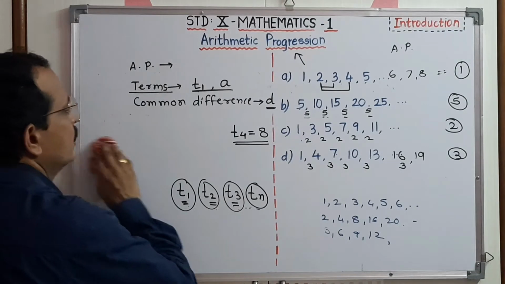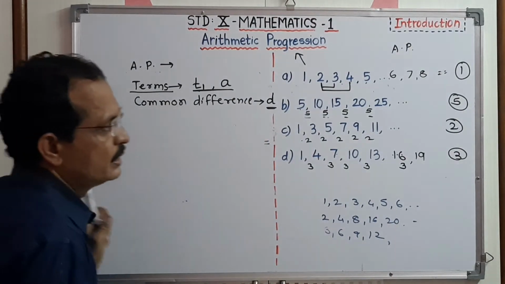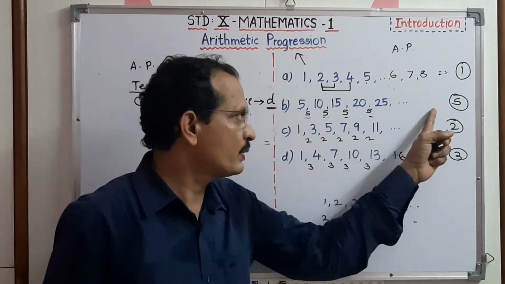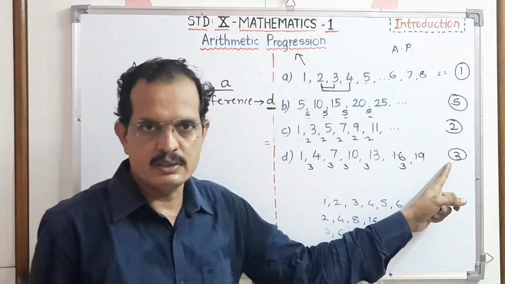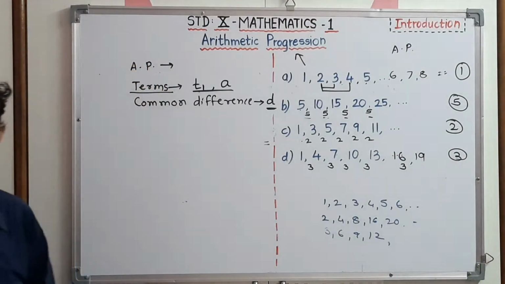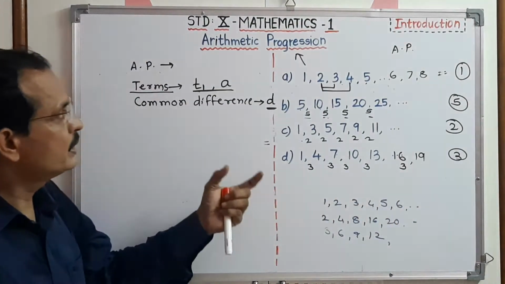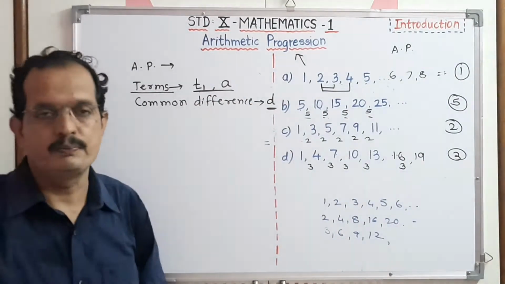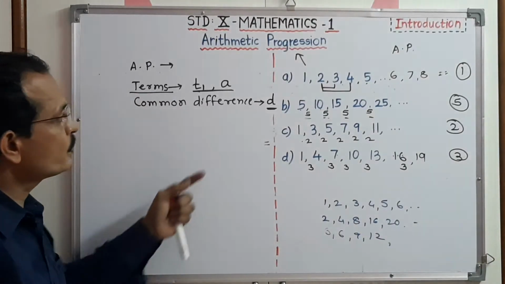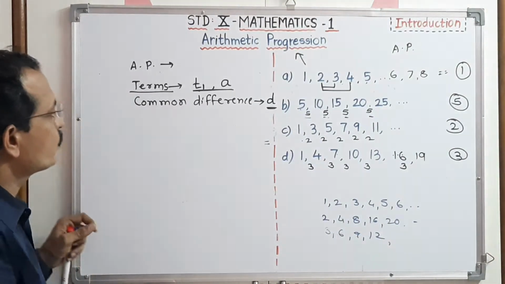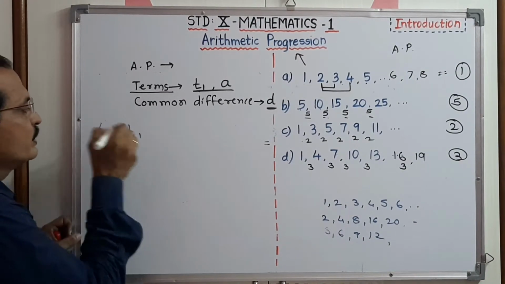Now see here, we have to learn about the common difference. Here the common difference is 5, here the common difference is 2, and here the common difference is 3. Now if the sequence is given, how do we find the common difference? To find the common difference, we have to find T2 minus T1.